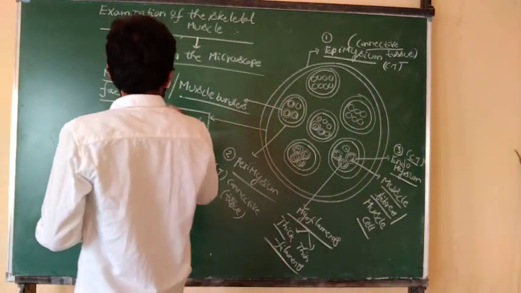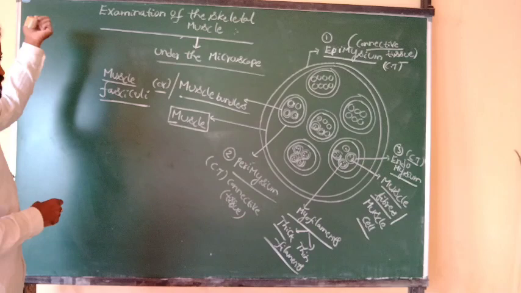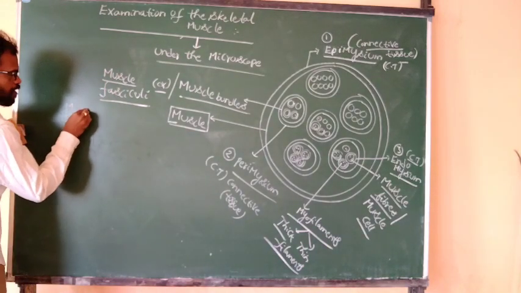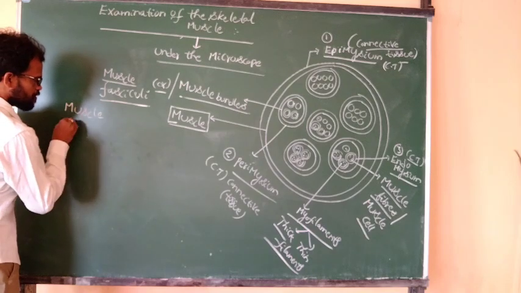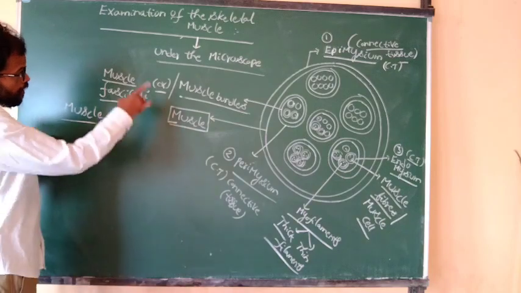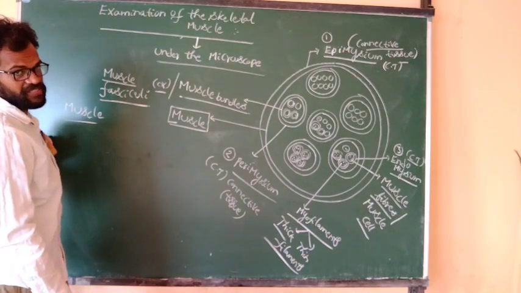See once here, examination of the muscle. What is the first one? Epimysium. What is this one? Muscle. The muscle is placed on the microscope. After placing it on the microscope, observe this skeletal muscle.